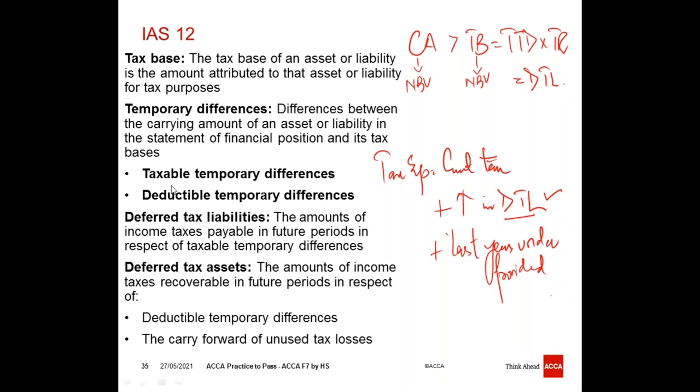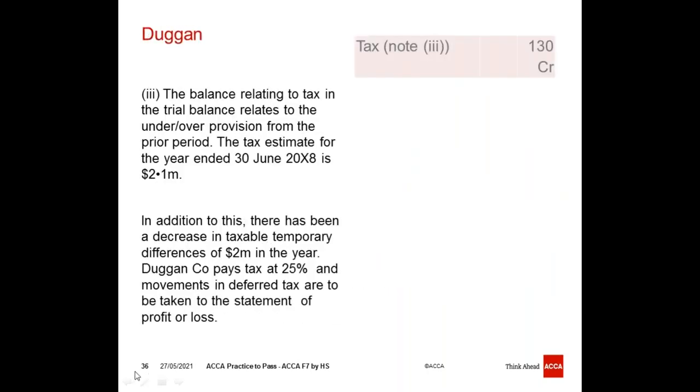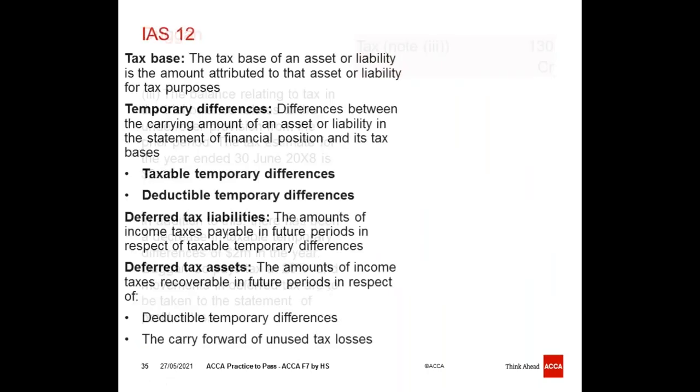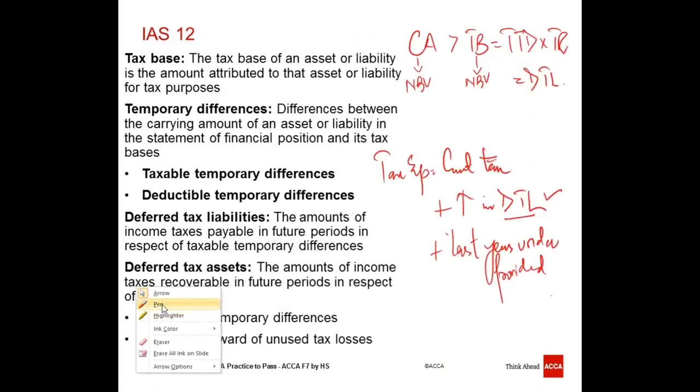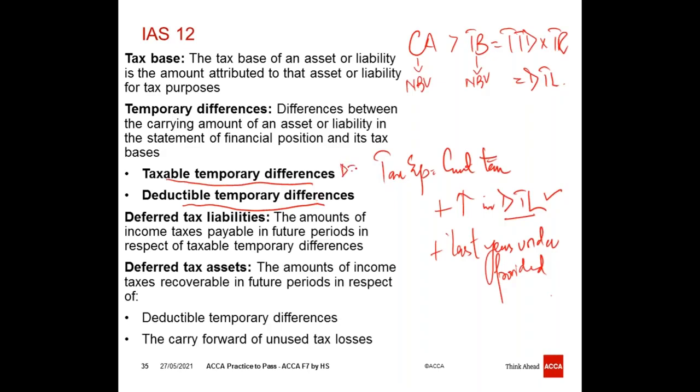The first one is the taxable temporary difference, and this one is the deductible temporary difference. Taxable temporary difference creates deferred tax liability, and deductible temporary difference creates deferred tax asset. So sometimes there might be a deferred tax asset, and sometimes a deferred tax liability.